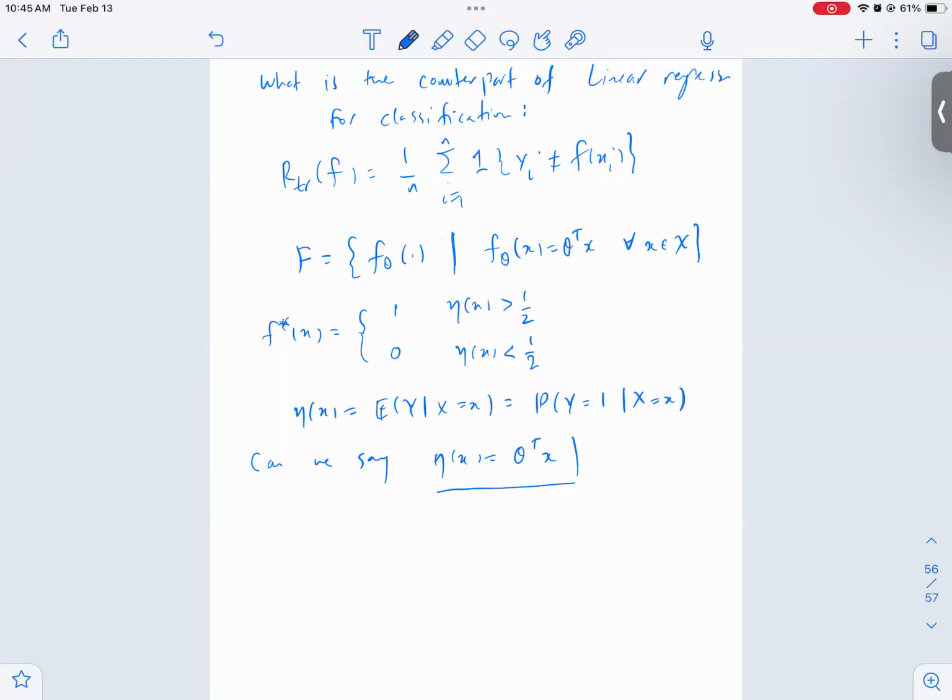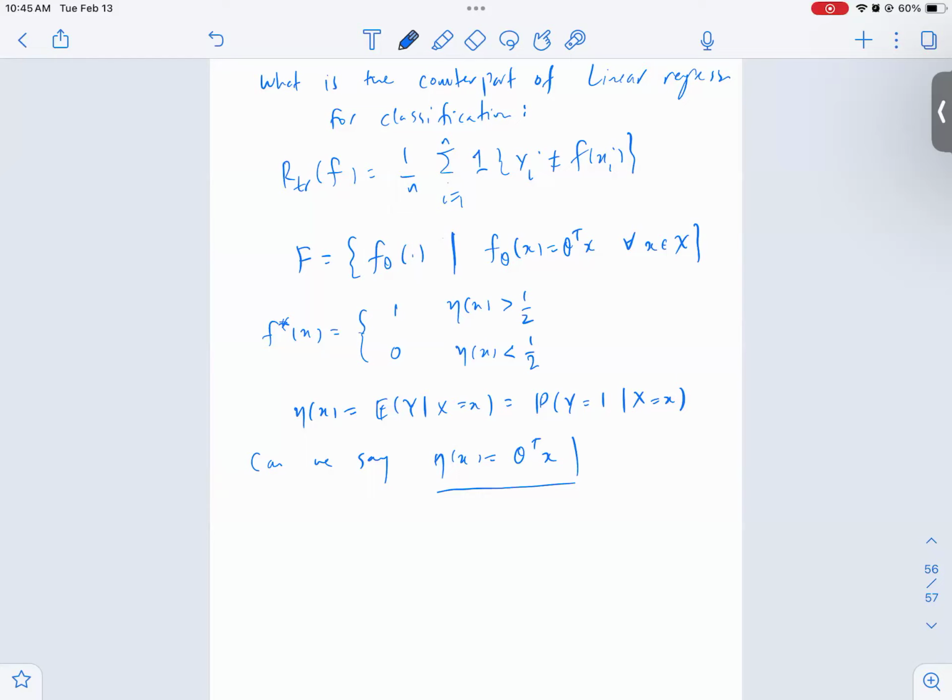It wouldn't be a probability then. It's not a probability, yeah, it could be negative, it could be much bigger than one. We know that this is not necessarily good, because you know more about the data, that it's a probability, so you want to encode that into the form of the model.